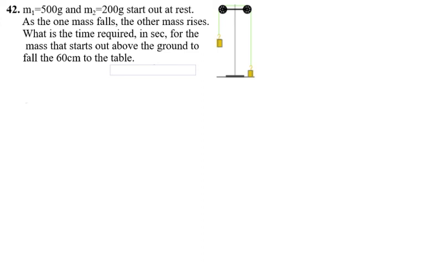So I'm going to call the one on the left M1, and the one on the right M2. For M1, I have M1G, and then tension, it's the same tension for both of them, and then for M2, I have M2G and tension. The acceleration is going to be up for this one and down for that one, and it's the same acceleration.